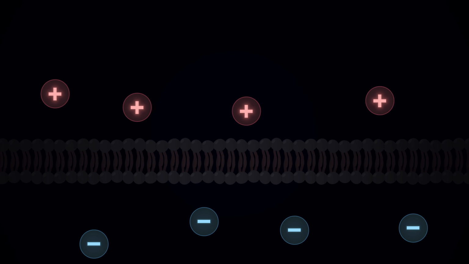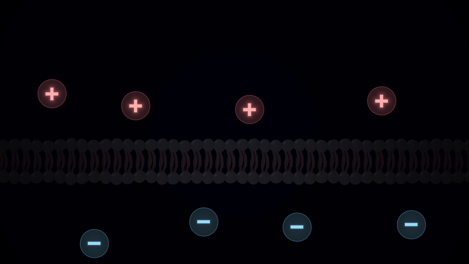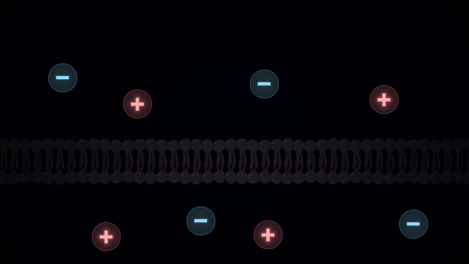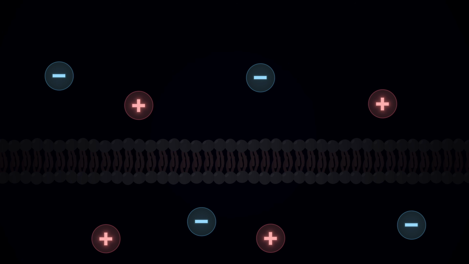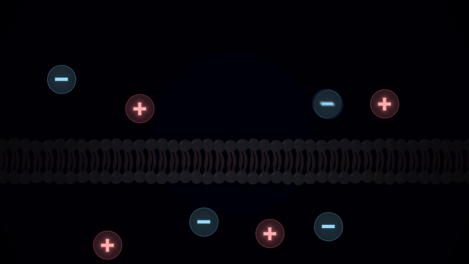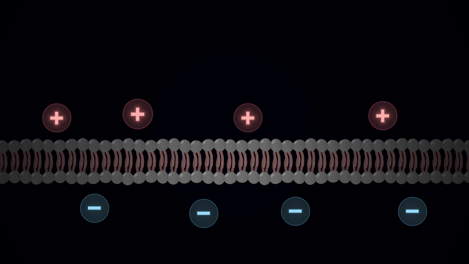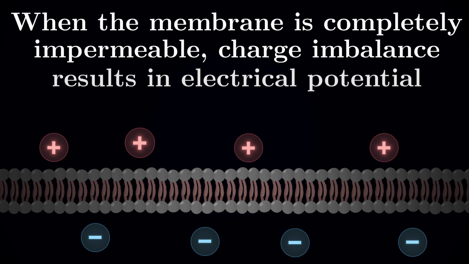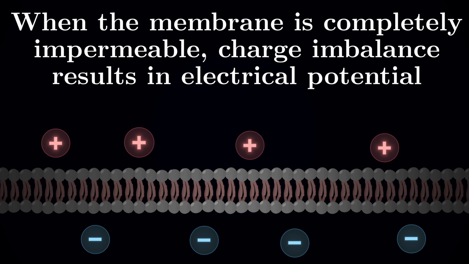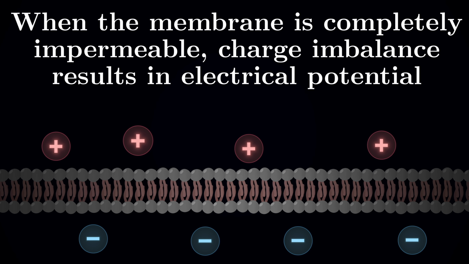If the membrane were freely permeable to ions, this energy would get converted into the kinetic energy of ions flowing through the barrier, dissipating the charge imbalance. However, when the membrane is impermeable, excess charge has nowhere to flow, and this potential energy remains stored.